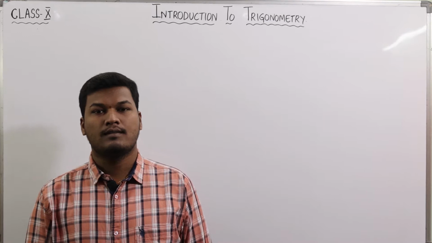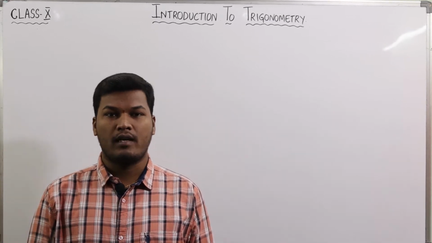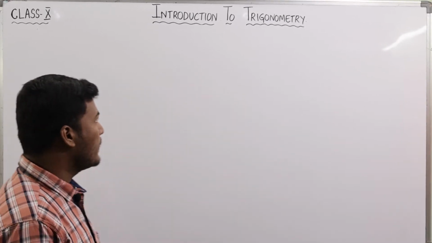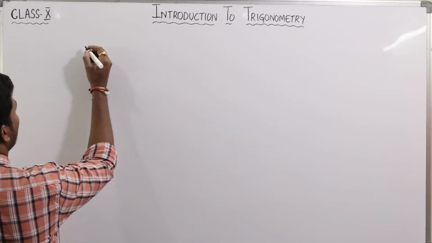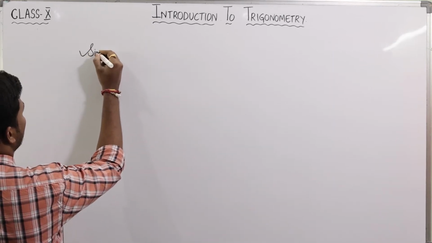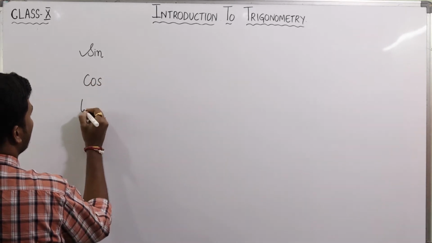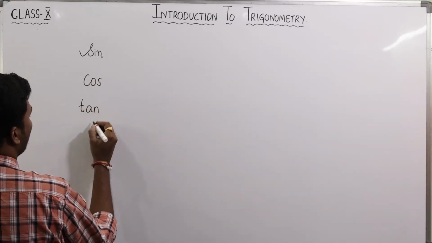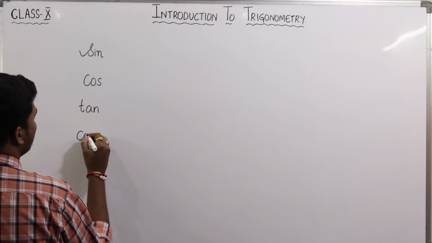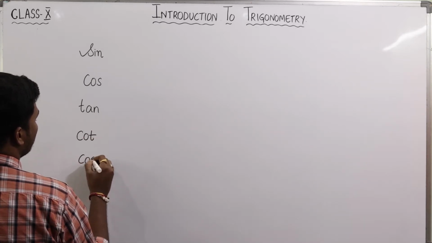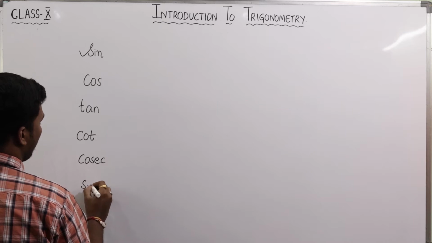Today we are going to discuss trigonometric values. Okay, the first one is sine, cos, tan, cot, cosecant and secant.